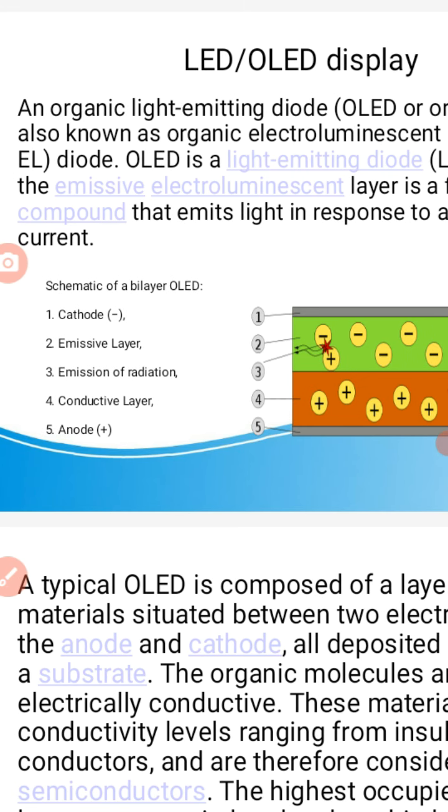Since positive charge particles are more mobile than electrons, they cross over to the emissive layer. Every time holes bump into electrons, quick bursts of energy are released in the form of photons, and lo and behold, light is produced.